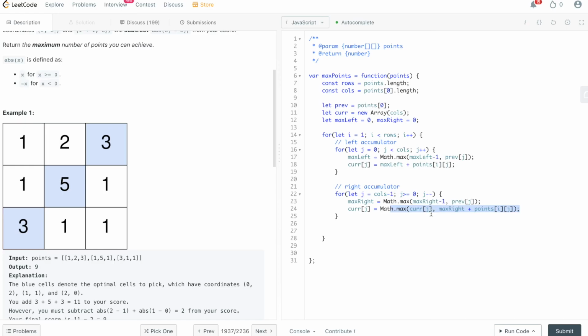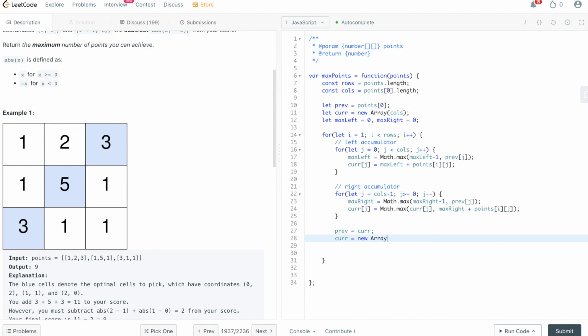But we want to find the maximum between the left accumulator and right accumulator. Well, what's already in the left accumulator at cur j is the max accumulator on the left-hand side that we've already calculated. So that's why we have this extra Math.max of cur j and then max right plus this value here.